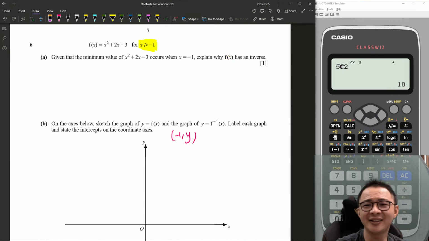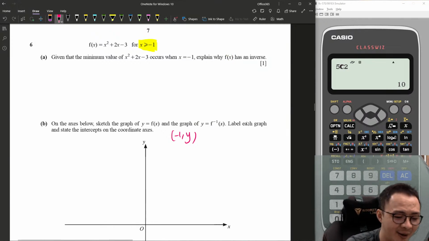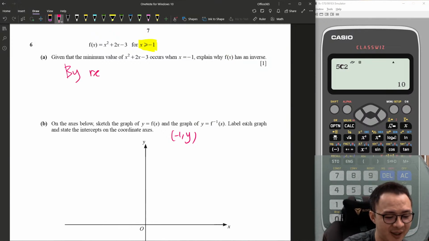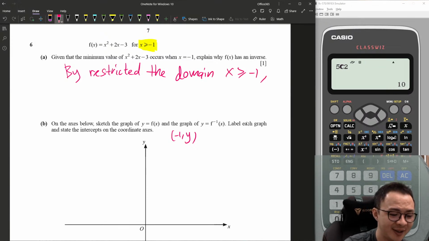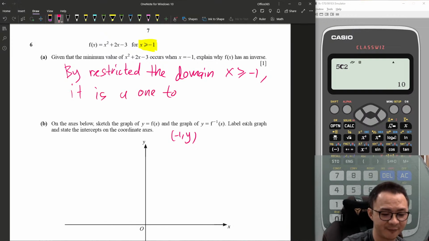So therefore, here they ask you to explain. You can say by restricting the domain, x is bigger than or equal to -1, it is a one-to-one function.